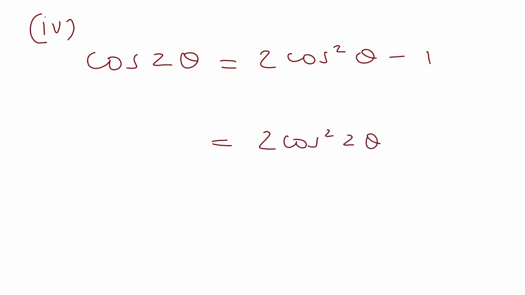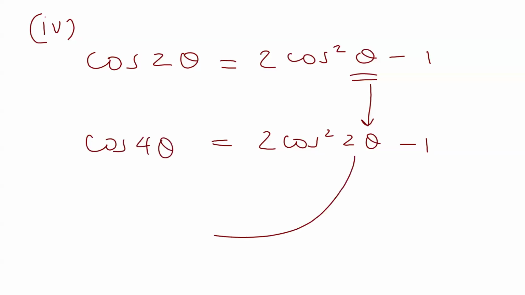So this theta is replaced with 2 theta. So on the left hand side, this will be 4 theta. The double of 2 theta will be 4 theta. See, try and understand. The first 3 problems were quite simple. We were dividing the angle, but here we are supposed to double the angle. Okay, so the cos 2 theta part should be on the right hand side, not on the left hand side. Fine.